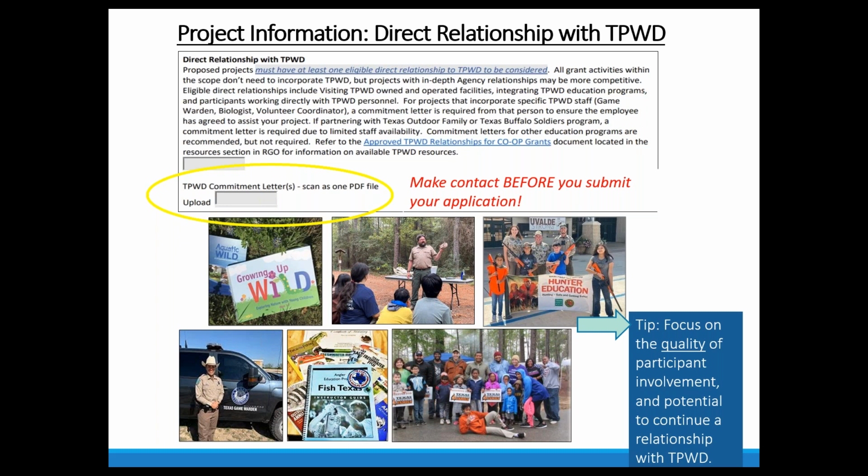But it is very important, whether it's required or not, that you really touch base and understand the requirements of different relationships. So we do have a handout. It's the Direct Relationships Approved for Co-op Grants.